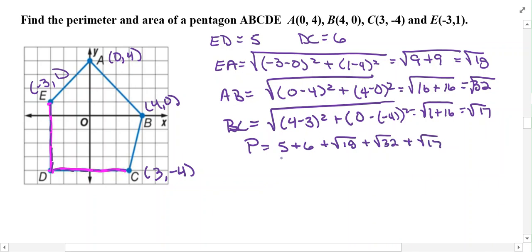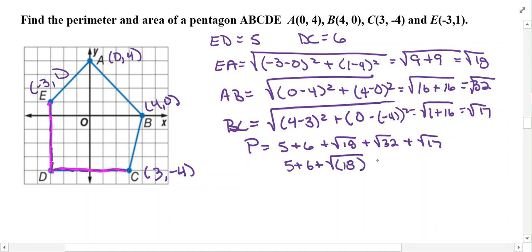Now for this one, I know I have 11 here, but you can enter it all at once into your calculator by doing 11 plus root 18 enter, plus root 32 enter, plus root 17 enter. So you're not rounding until the very end. If you have the TIs, you can type it in as 5 plus 6 plus root. When that symbol comes up, it comes up with the parentheses. Type in the 18, close it.